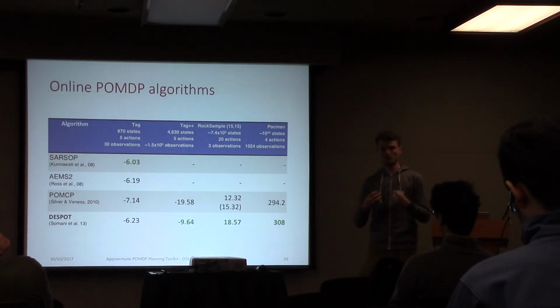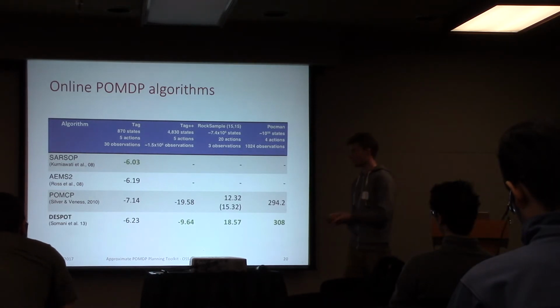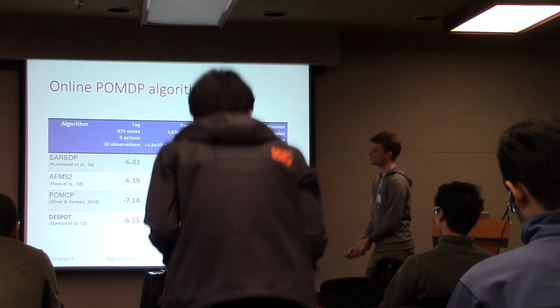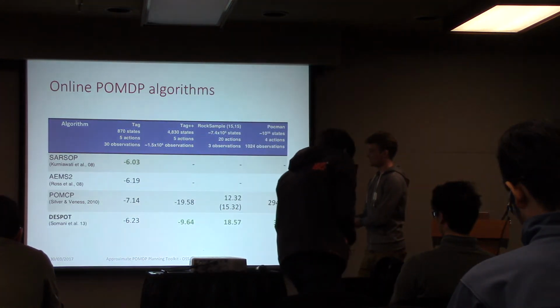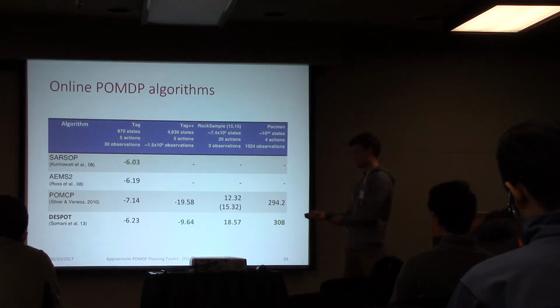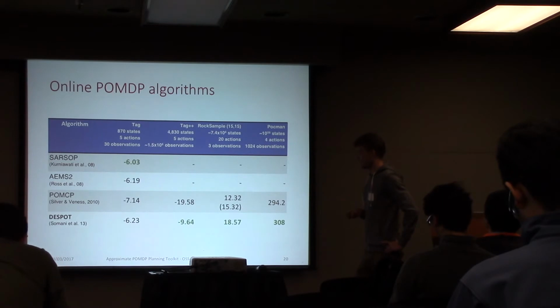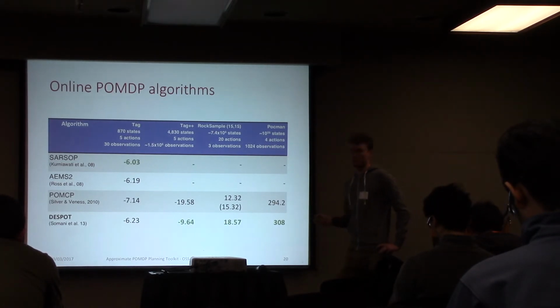This is supposed to give you a near-optimal solution. Then the rest are online algorithms. So you can see that DESPOT does best in all these problems. Also, its performance is not so far from SARSOP.